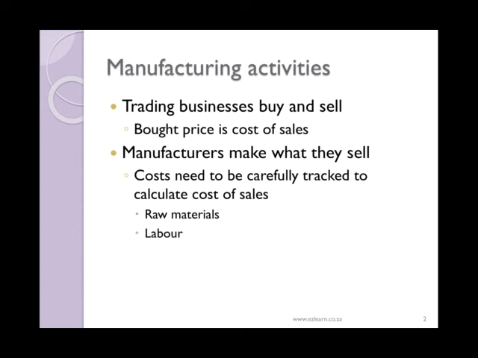Labor needs to be factored in, both the labor of the people who are actually directly making the product, as well as the indirect labor of other people that need to be involved in the factory, even if they don't actually touch the product. You will also need to consider overheads, such as factory rental, depreciation, water and electricity, etc. As you can see, there are many more costs that need to be considered for a manufacturer than for a simple trader.